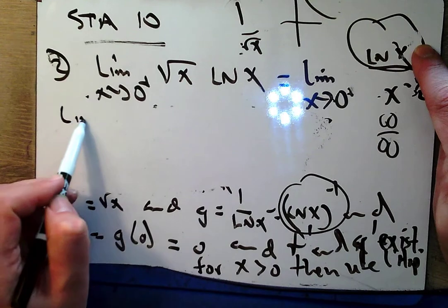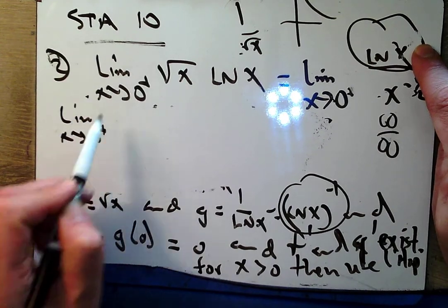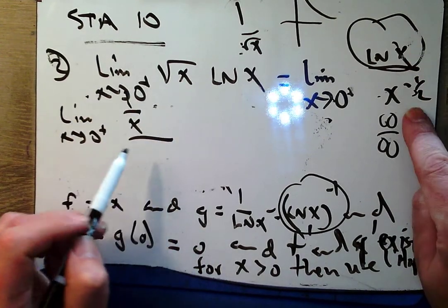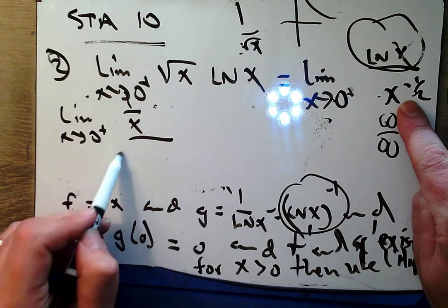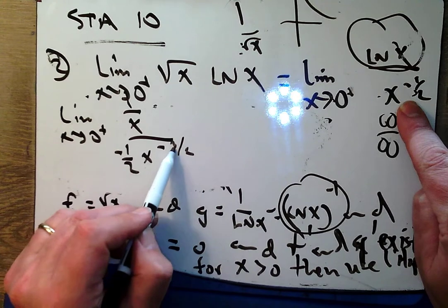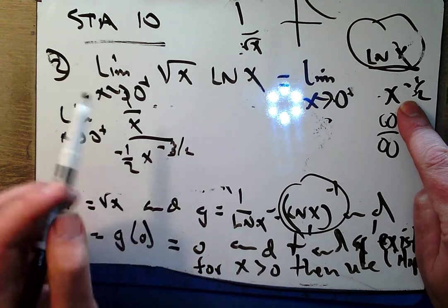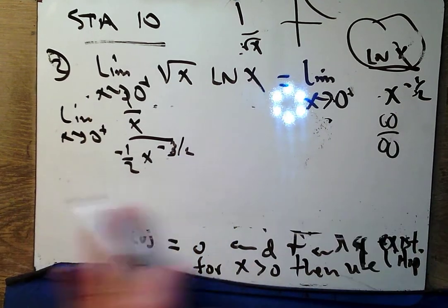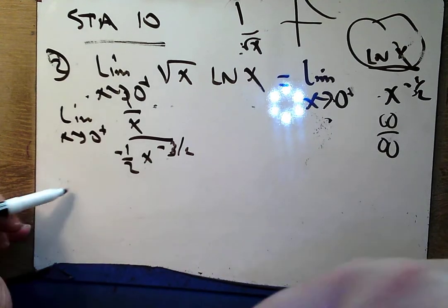And then let's go about using L'Hopital's rule. So I'm going to have the limit as x heads to 0 from the positive of 1 over x. And here, if I take the derivative of this, I have negative 1/2 x to the minus 3/2. And I think all I need to do is a little algebra.